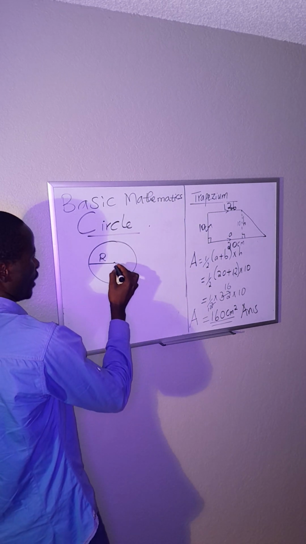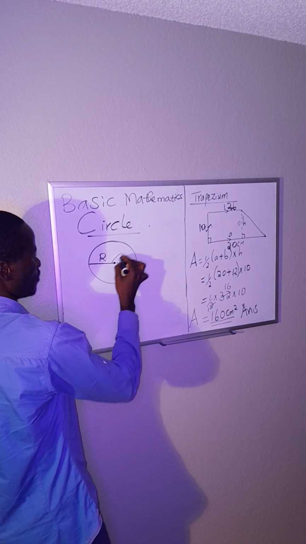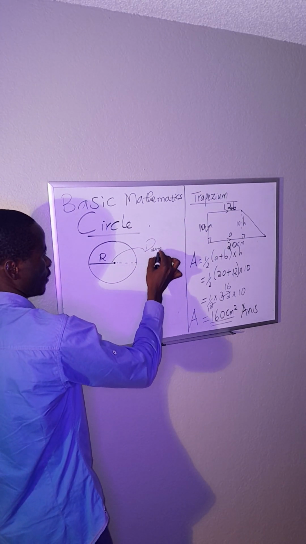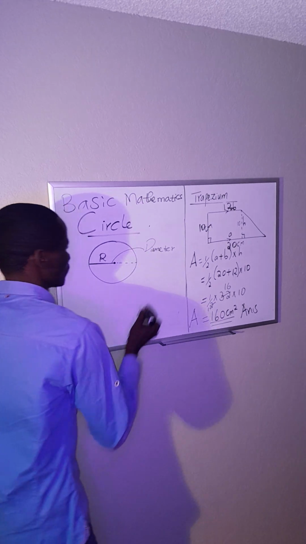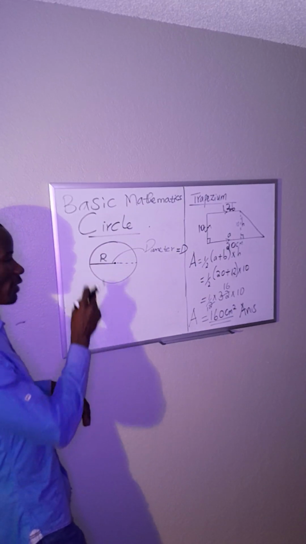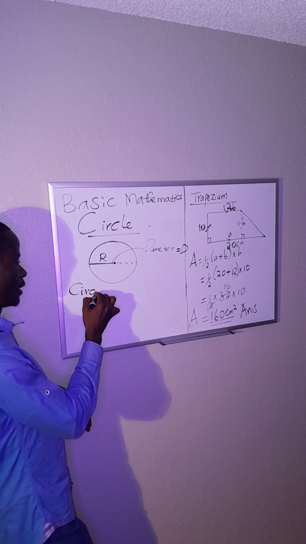But if I were to extend this, now it ceases to be a radius, and it is called a diameter, which is represented by the letter D. Now, the perimeter of a circle is not called perimeter, but rather it is called circumference.